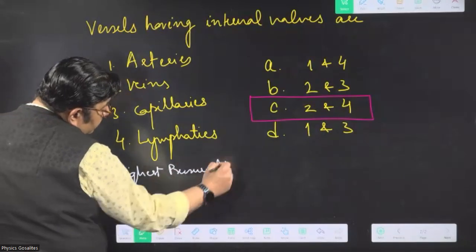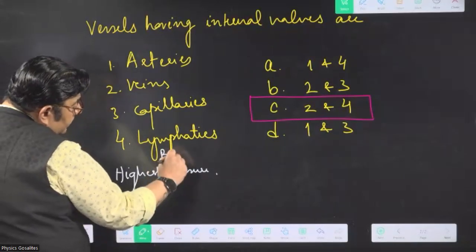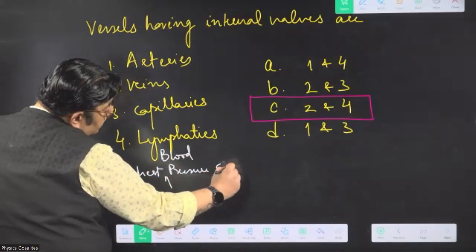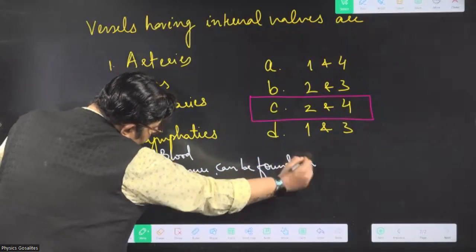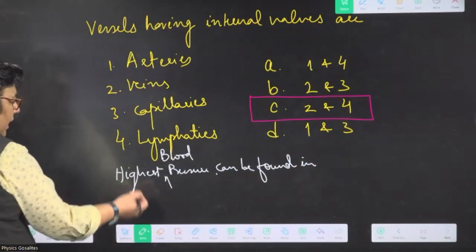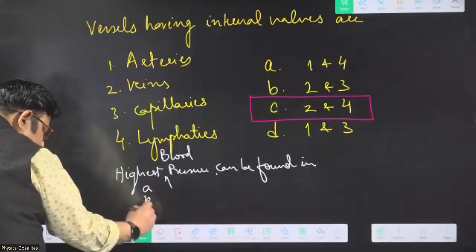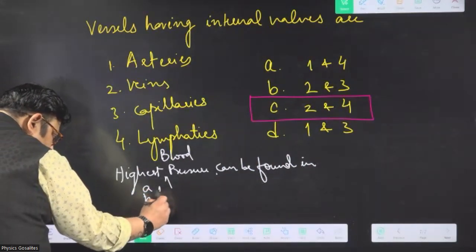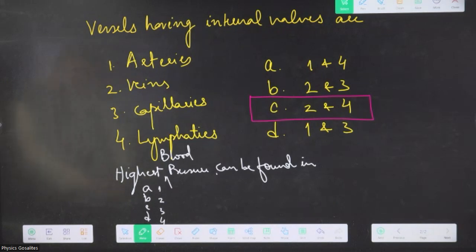Highest blood pressure can be found in, and here you have the same options. A, B, C, D are 1, 2, 3, 4. Highest blood pressure can be found in, come on.